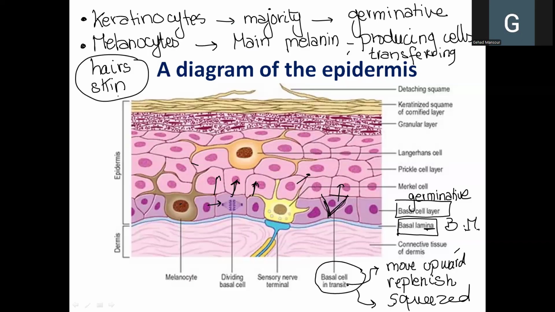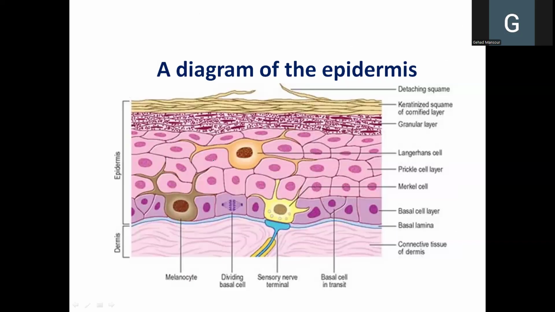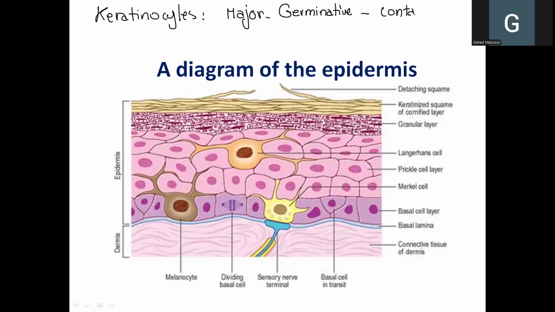So according to what I've just said, we can say that the keratinocytes have the following characteristics. First of all, they are the major cells in the skin. Number two, they have this germinative power that is responsible for forming new layers of the skin. Number three, they contain melanin pigment, but they do not produce it.